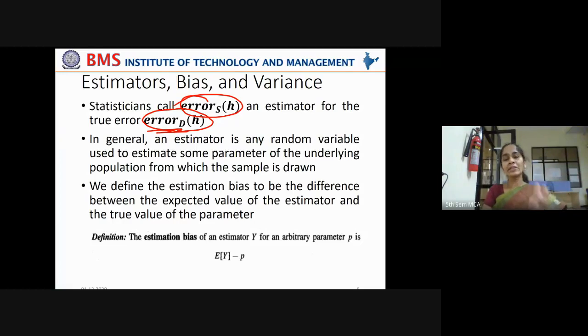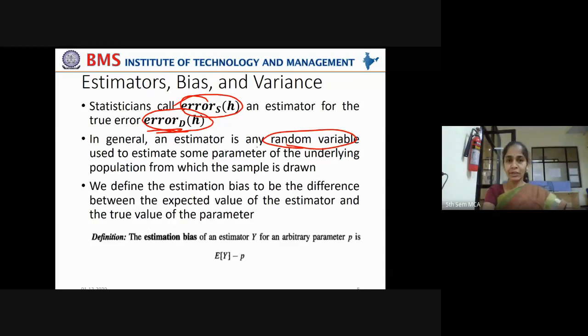No. Unless you perform the experiment, unless you train the model and see the training accuracy and the test accuracy, you can't say what the estimation of that error of the sample would be. That is why we consider this sample error a random variable.